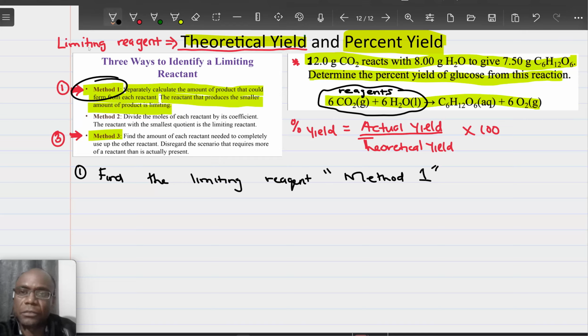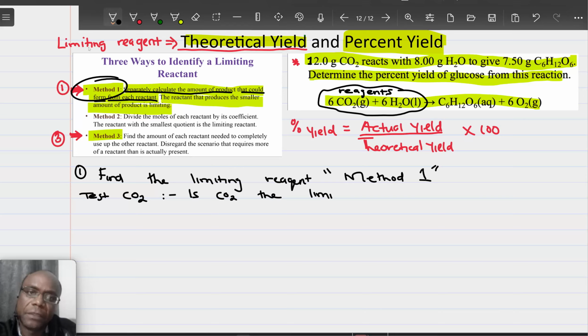So let's do this. We are separately going to calculate the amount of product, which most likely is going to be the theoretical yield, the maximum amount of product that could form from each reactant. So let's test CO2. Question: is CO2 going to be completely consumed?